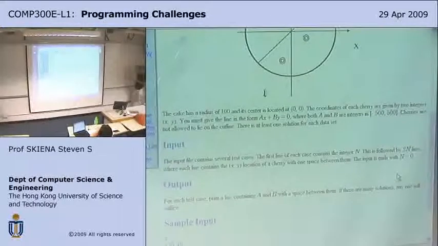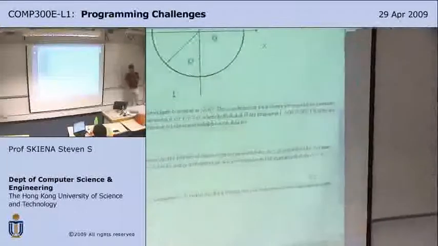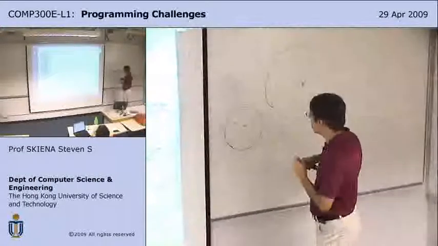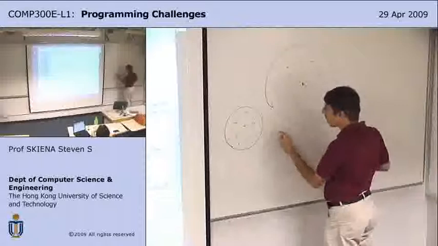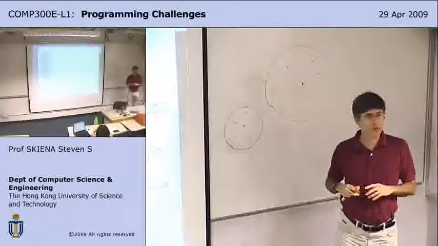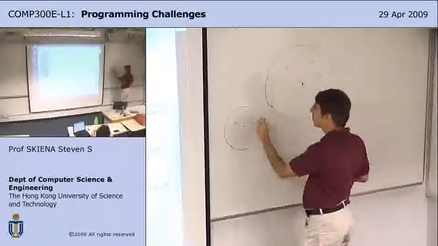So you want to say, suppose the cherries are all in a circle on this side, around the center of the circle. Well, if you have equally spaced cherries, I think they can certainly be cut, right? You have a hexagon of cherries.